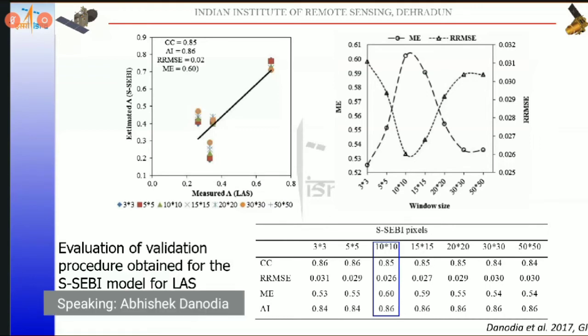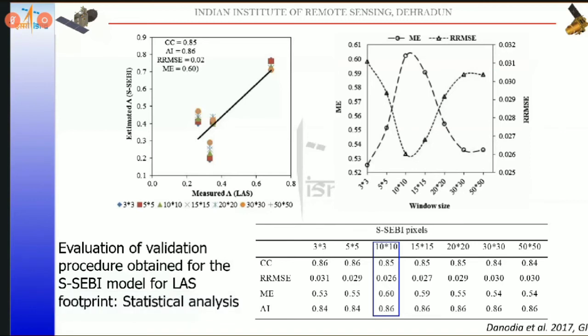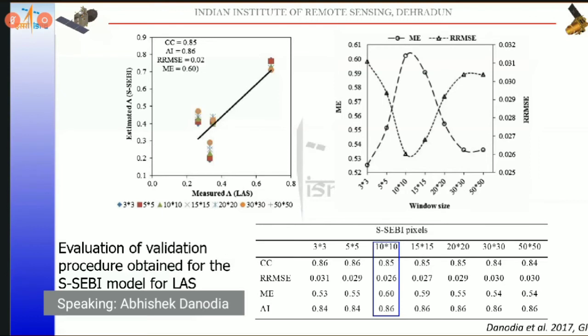A 3x3 window means 90 meters, and like this we can iteratively validate our product against satellite derived evaporative fraction with 3x3, 5x5, 10x10, 15x15 windows and so on. Out of all these, the 10x10 window, or 300x300 meters, gives the highest correlation coefficient, agreement index and model efficiency for this area in validating the S-SEBI model product.